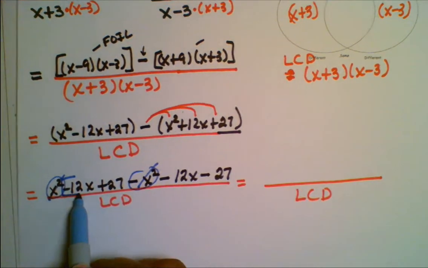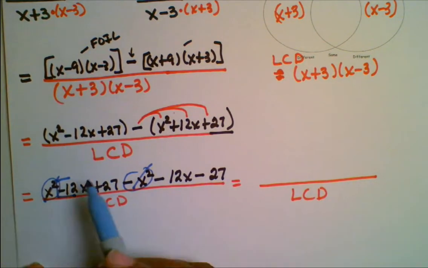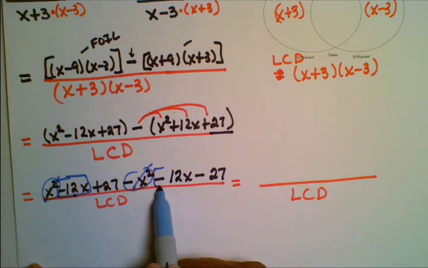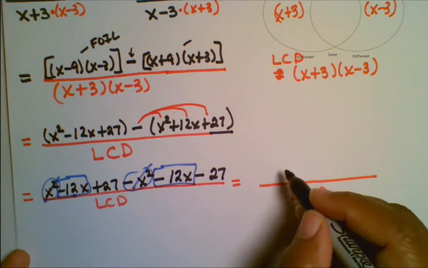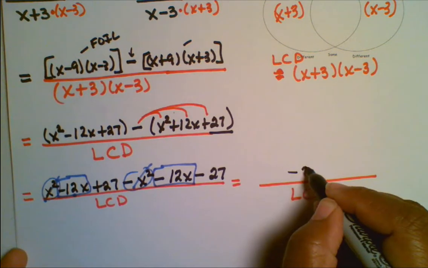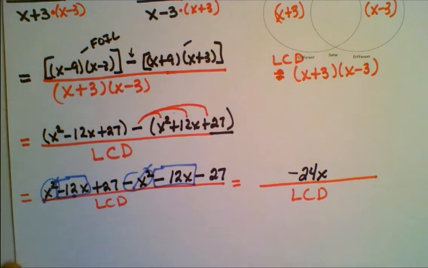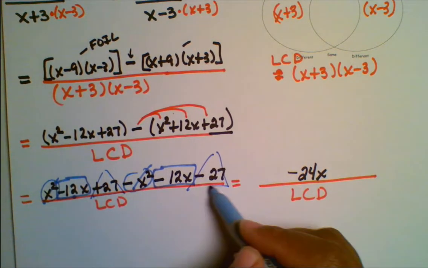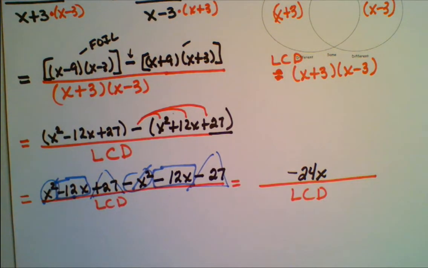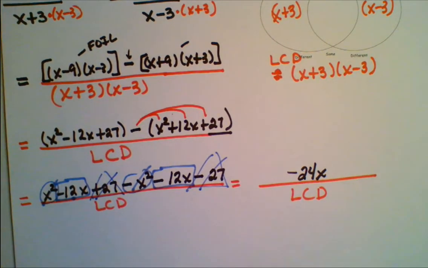We have negative 12x minus 12x. That gives us negative 24x. And then we have plus 27 minus 27, and those will cancel out. So our numerator is negative 24x.